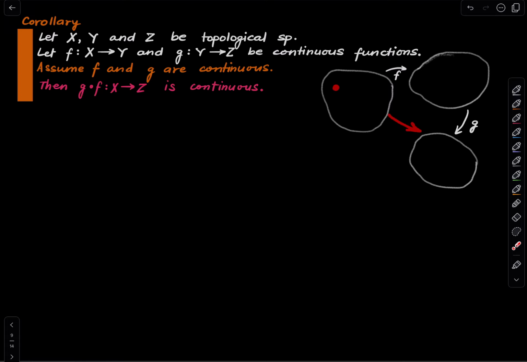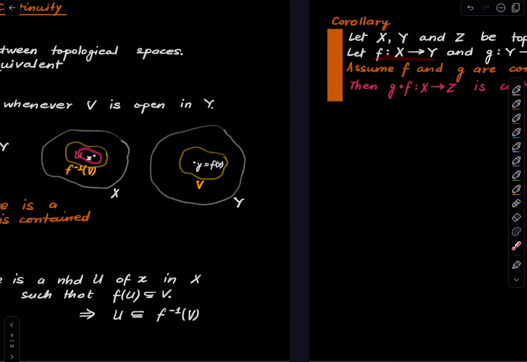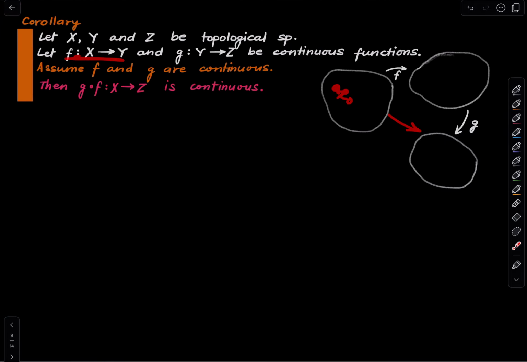That follows because let's say x naught is your chosen point, then f is continuous at x naught because f is continuous everywhere. F is continuous at x naught, g is continuous at f of x naught, and therefore the composite is also continuous at x naught. So we see that this composite is continuous everywhere.